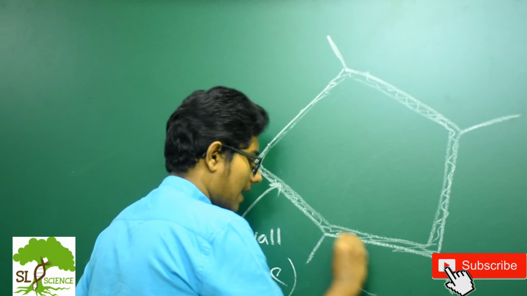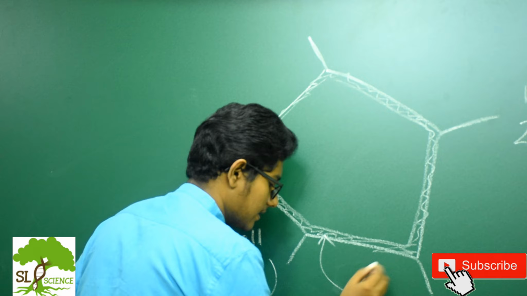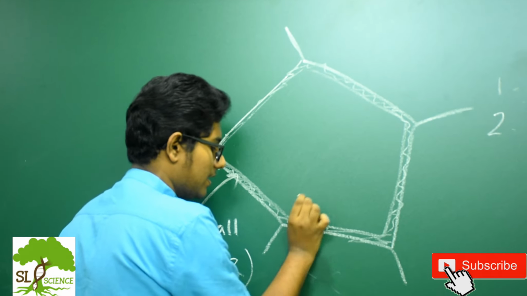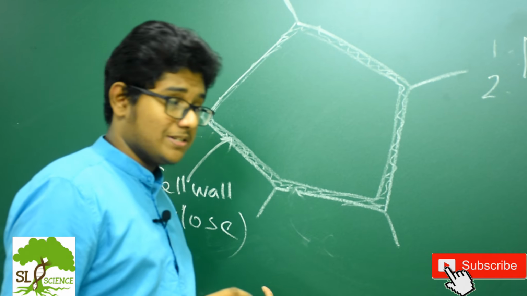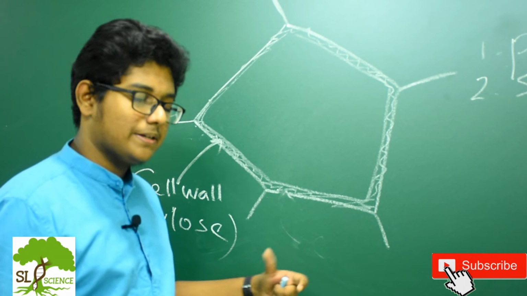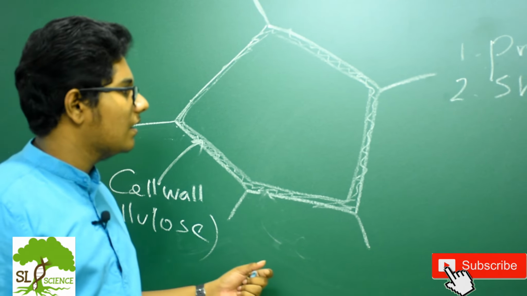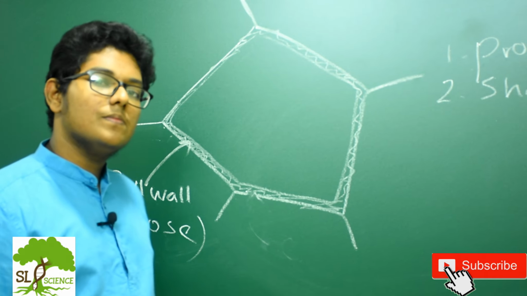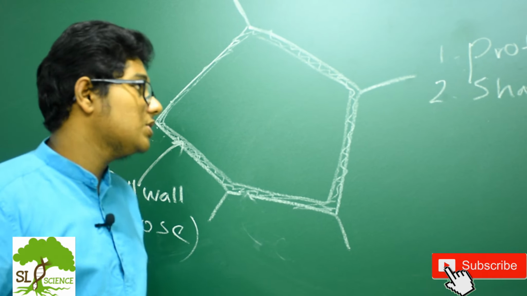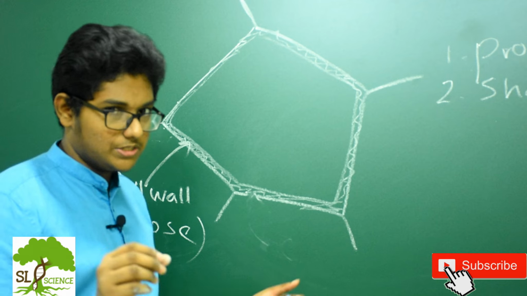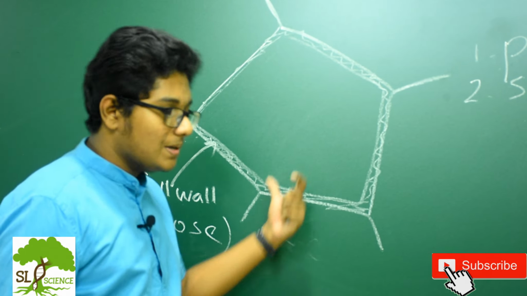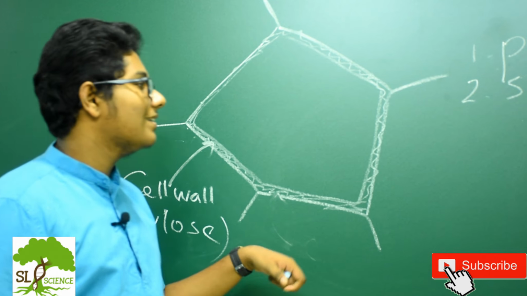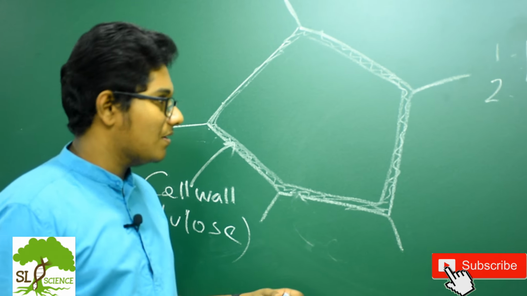Sometimes when the cell is growing and matured, we can see some substances like hemicellulose and pectin; these are not mentioned in your syllabus. In GCE A Level biology, you will discuss the primary and secondary cell walls.